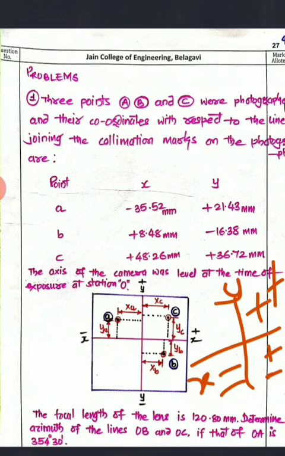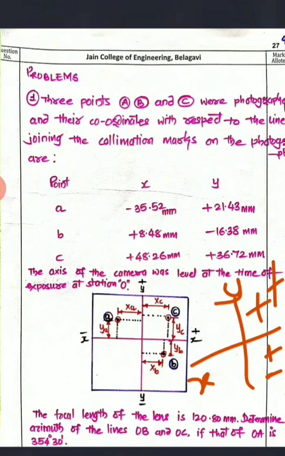In the first quadrant both are positive, plus plus. In the second quadrant x is positive and y is negative. In the third quadrant both are negative. And in the fourth quadrant x is negative and y is positive.